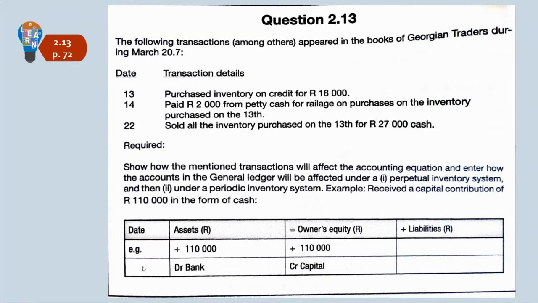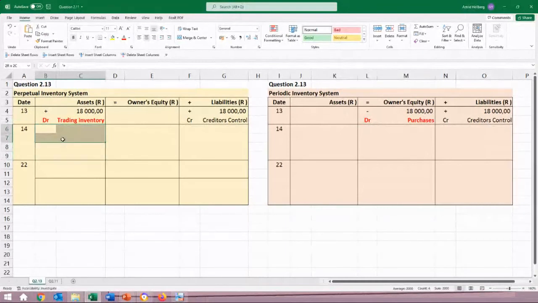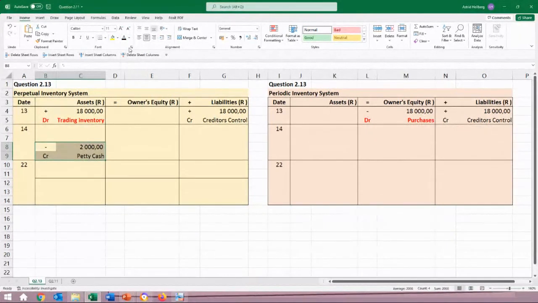Petty cash. Okay, petty cash falls under what category again? Under assets. Now, if we pay it out of petty cash, that means our petty cash would have decreased. So petty cash we know is an asset, so we will decrease our petty cash.